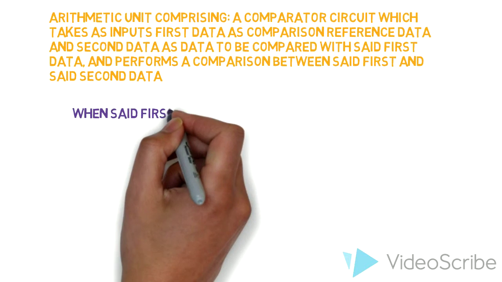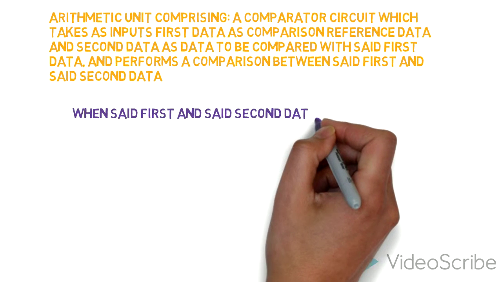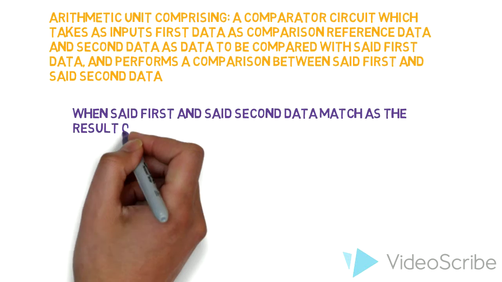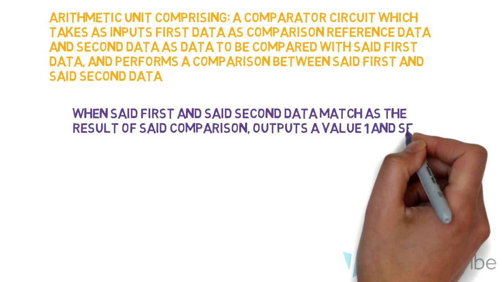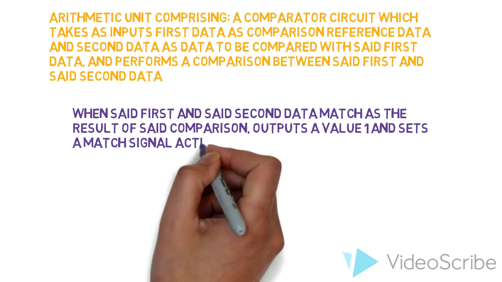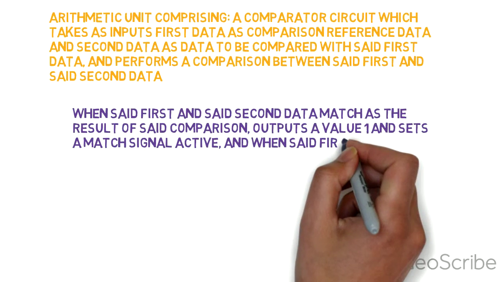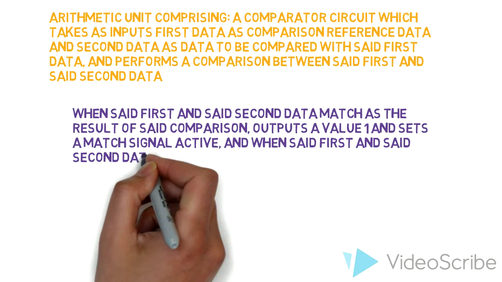When said first and said second data match as the result of said comparison, it outputs a value 1 and sets a match signal active. And when said first and said second data do not match, it sets said match signal inactive.